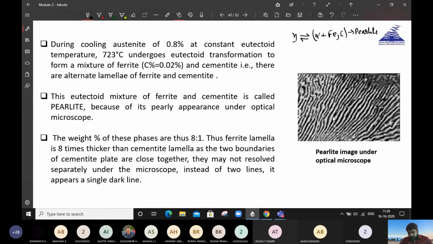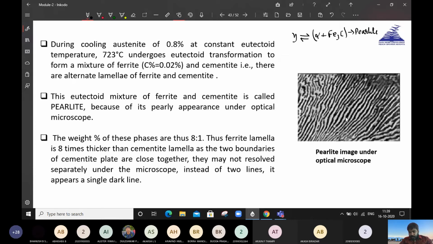Here you can see this white region is nothing but alpha ferrite, and this black region is the Fe3C or cementite. So alternate layers of alpha and Fe3C are present throughout the mixture when you cool a eutectoid alloy.